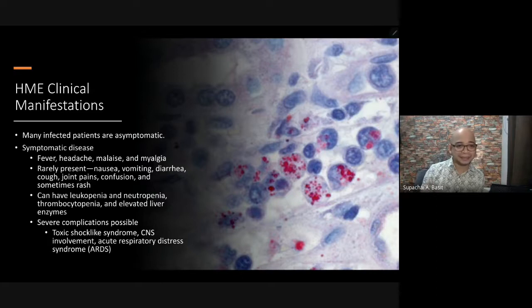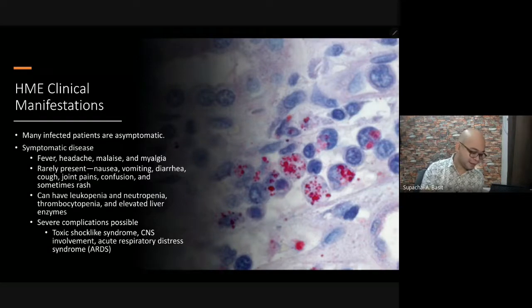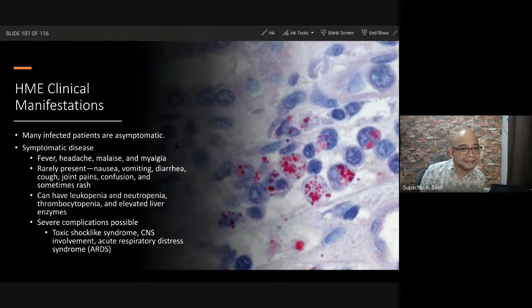Rarely present are nausea, vomiting, diarrhea, cough, joint pains, confusion, and sometimes rash. There is also a possibility of leukopenia and neutropenia, because the bacteria are attacking the very soldiers of the body. Also thrombocytopenia, or decrease in platelet count, and elevated liver enzymes. Complications may include toxic shock-like syndrome, CNS involvement, and acute respiratory distress syndrome.